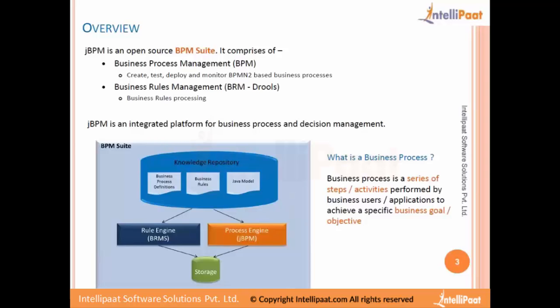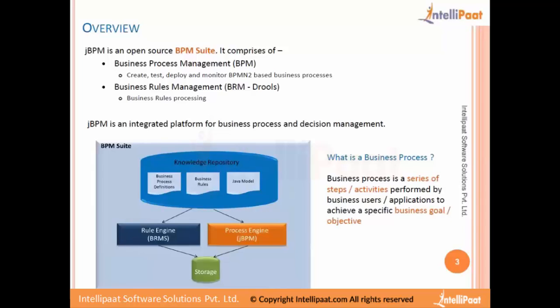This is how it looks at a very high level, at 30,000 feet. This is how a business process management suite looks. The two main engines here are the rule engine and the process engine. The rule engine is the rules engine, and the process engine is the process management, the JBPM itself.